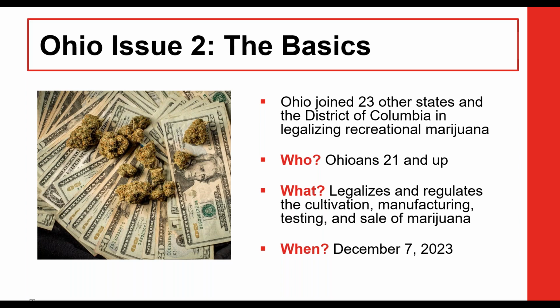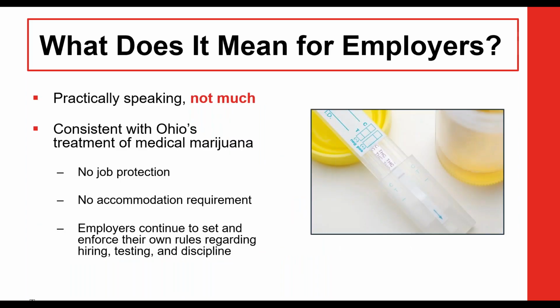And the reason I think that's notable is, these efforts to make adult use cannabis more accessible, to legalize and regulate consumption in this state certainly add to accessibility and will certainly add to headaches around shoring up policies in the workplace. But as of right now, what does issue 2 mean for you as an employer?